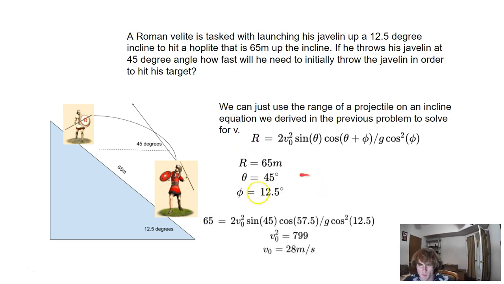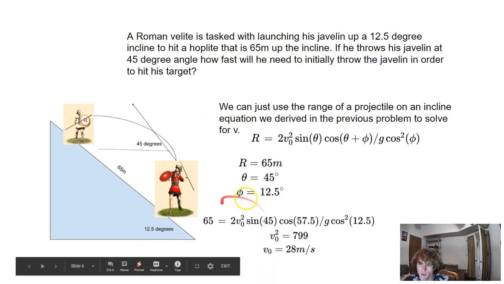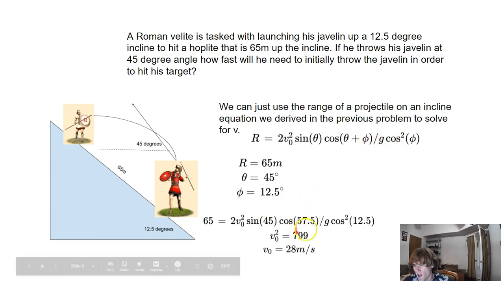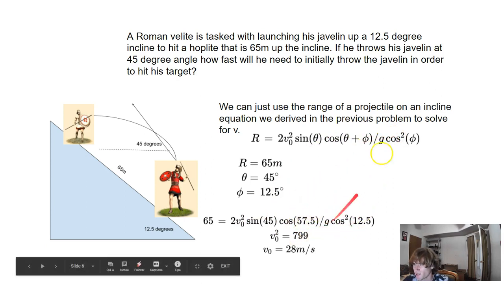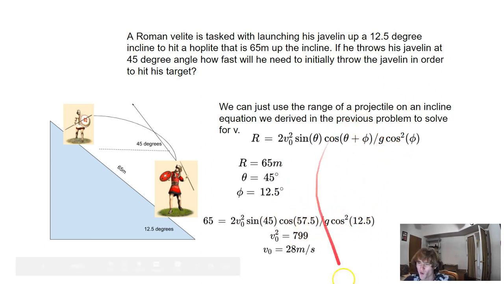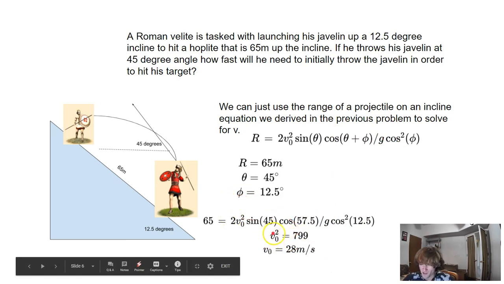So we just plug that back into our formula: 65 equals 2 v squared times sine 45 times cosine of the sum of the angles, over g cosine squared of phi. Just add these angles and put that in. It's pretty straightforward. After some algebra, v squared is 799, and then you just take the square root.